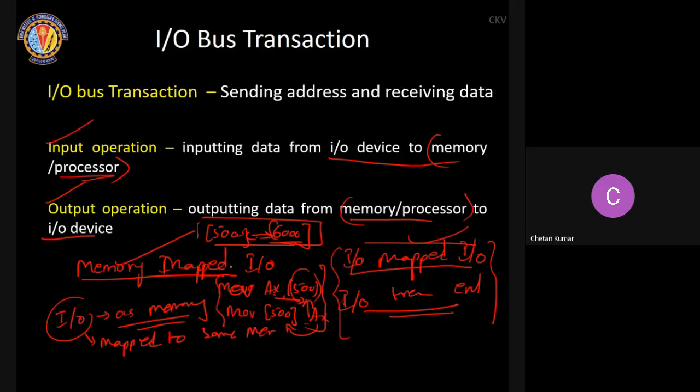In memory mapped IO, if your IO is assumed to be mapped to some memory address, you use normal instructions like move between a register and a memory location, to send data to or receive data from the IO. But here, do you know any instructions? I think this at least you should be able to tell. Do you know any instructions which can communicate with... no, interrupts, not interrupts?